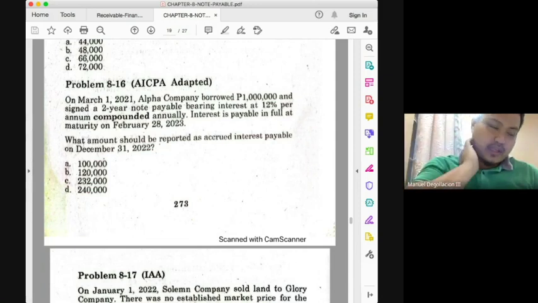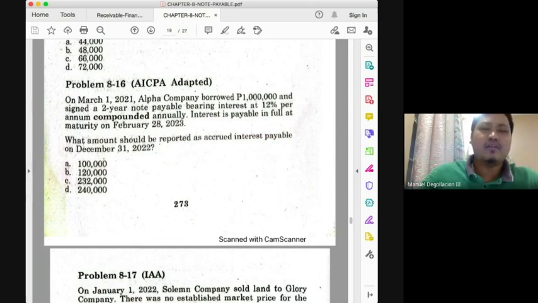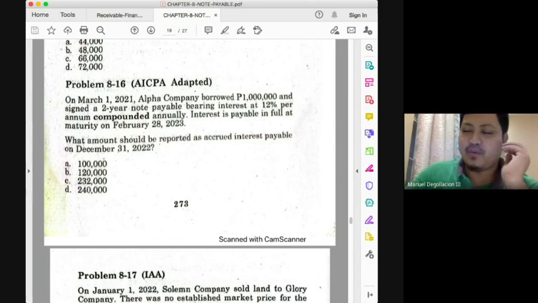But what is unique in this problem is that interest is compounded annually. So when there's a compounding clause, it basically tells us that whatever was earned as interest before will be earning interest in the subsequent periods.